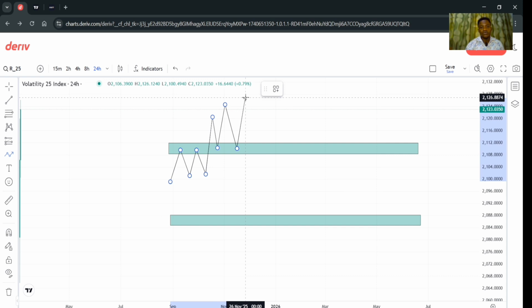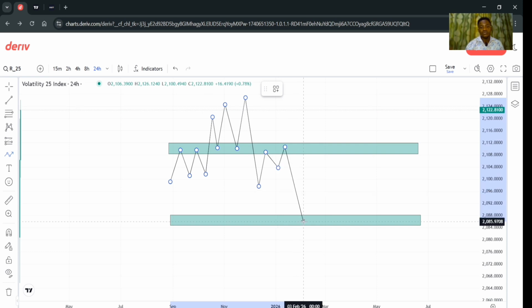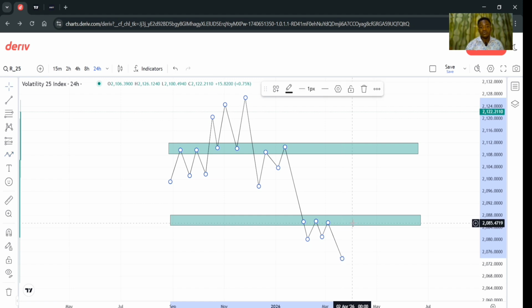And if it breaks this level and touches again, then this is now a resistance zone. You can also notice the same thing happen to the support level. You see, it has become a resistance level now, no more a support level. So these are the things I quickly wanted to show you before we move to the chart.